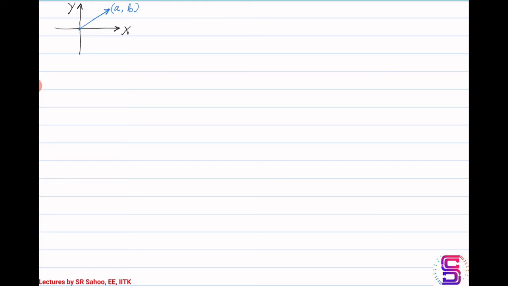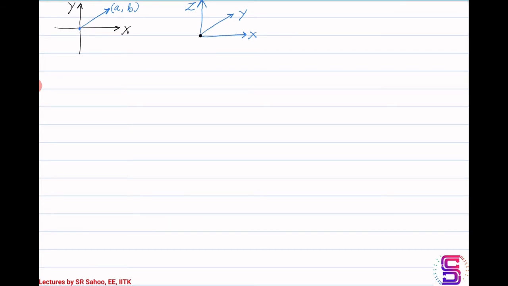Similarly, for a three-dimensional case, you have three orthonormal axes x, y, z with this point as the origin, and you would say that this is a vector of the form (A, B, C), where A, B, and C are coordinates with respect to the x, y, and z axes that you have drawn.